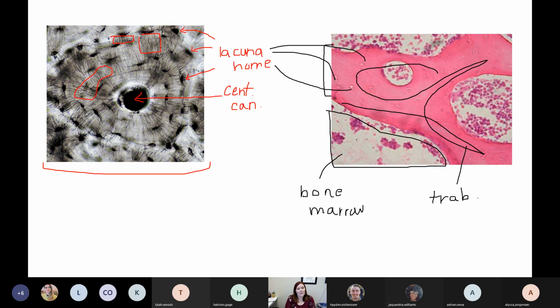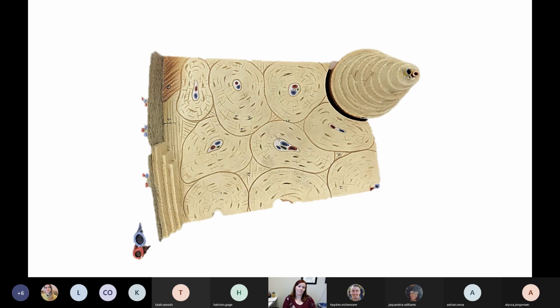So what we're going to do then, since we've talked about compact bone and spongy bone on slides, is now we're going to look at compact bone on a model. So what you see on the next page of your packet is a model of compact bone that looks a lot like the slide we just labeled. So as I'm looking here at this model, I can see some of the same things I saw before.